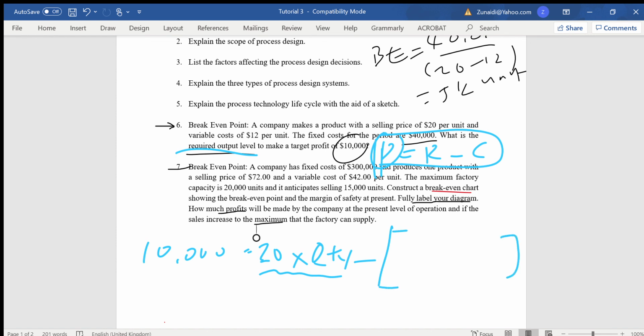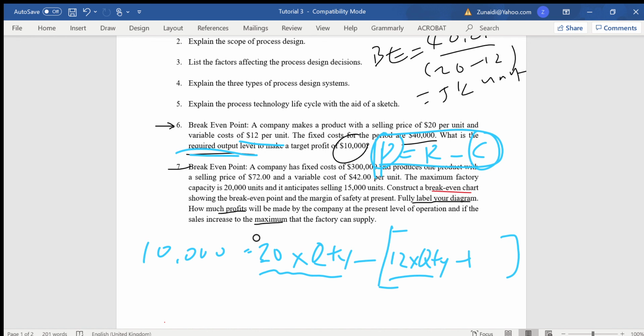Variable cost is 12, but 12 is per unit, so we need to multiply also by quantity. The quantity is the required output we target there. So variable plus fixed cost.